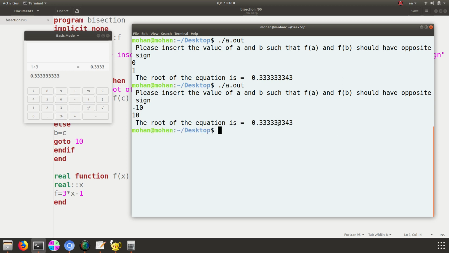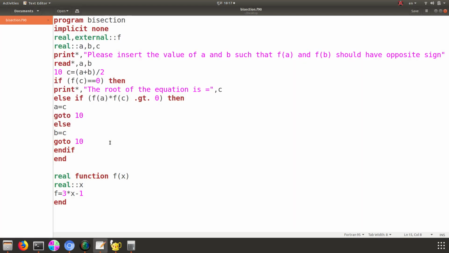So whatever the interval is, we will have the same answer as the root, but make sure that the given interval results in opposite functional values, that is f of a and f of b should have opposite functional values. So this is how we can simply calculate the root of the equation by using the bisection method.